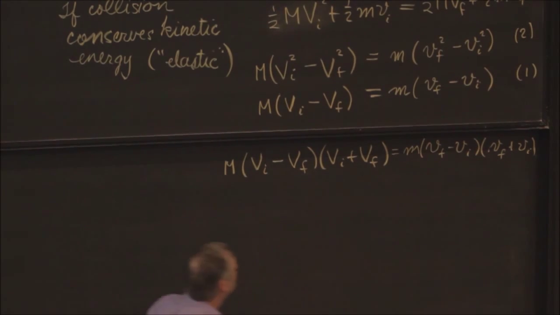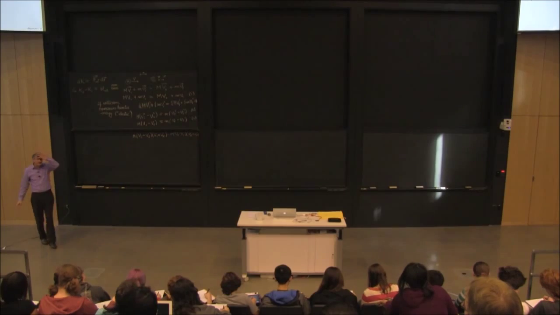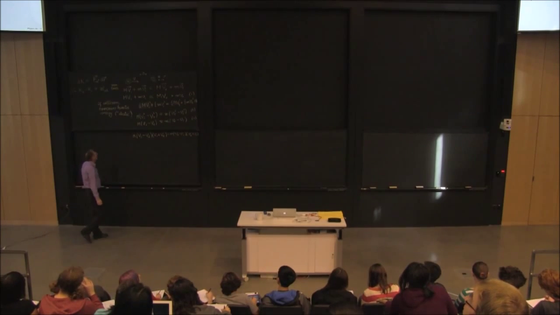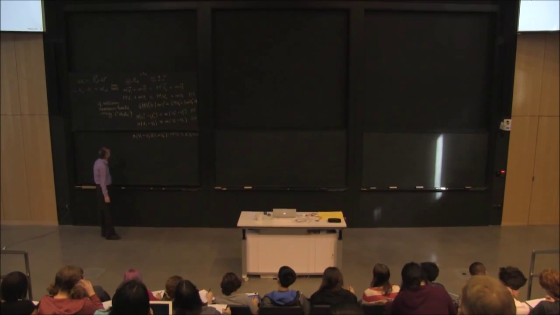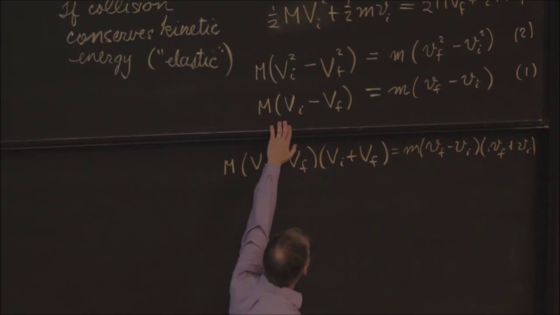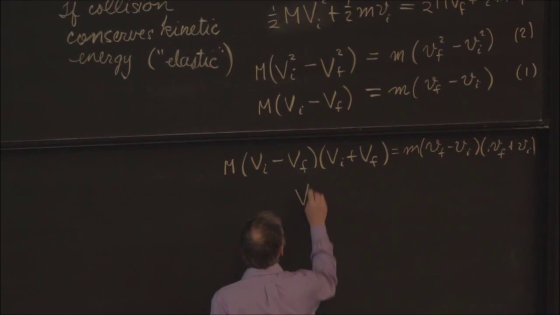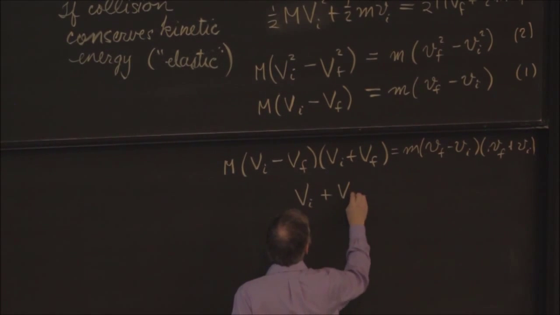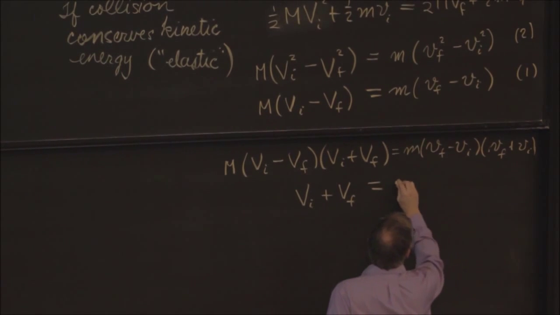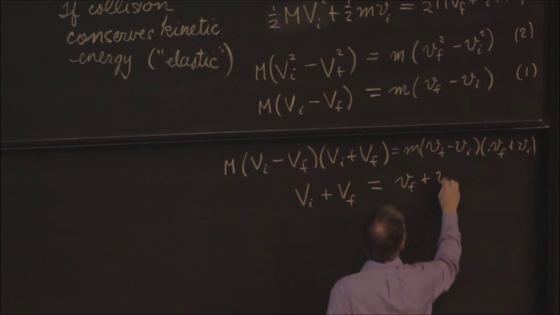And now we could divide that equation by equation 1 and get what? Well, these two terms die, and we get V initial plus V final is equal to v final plus v initial.